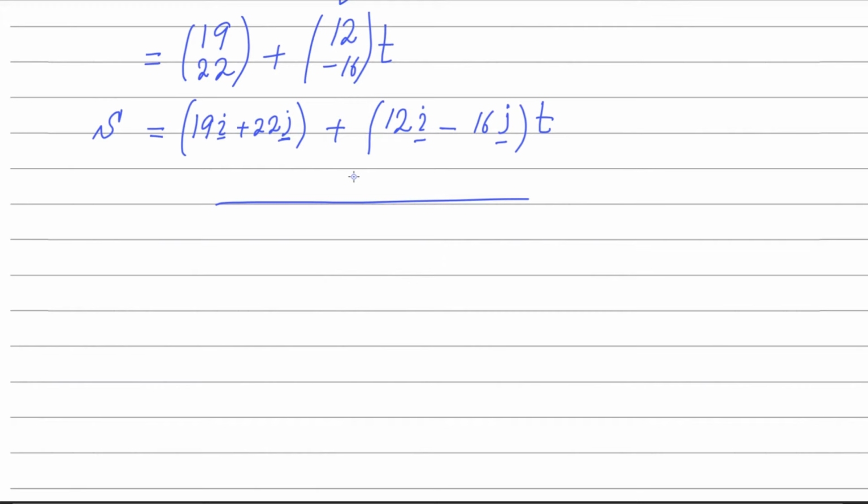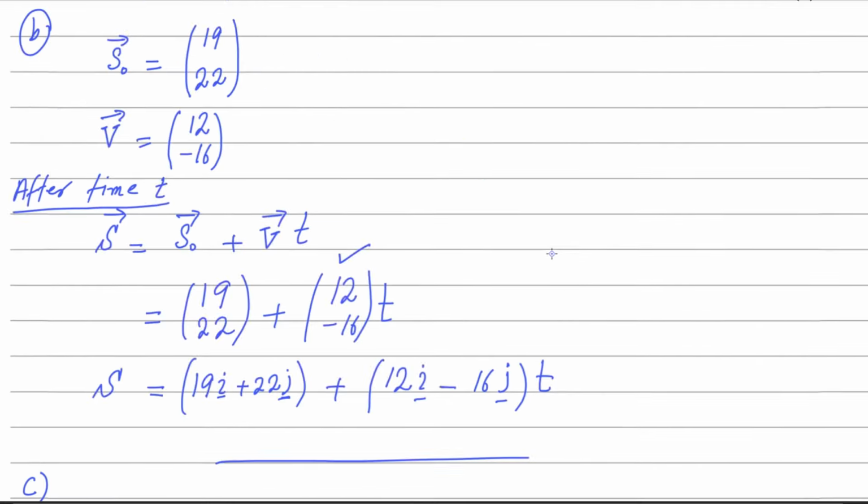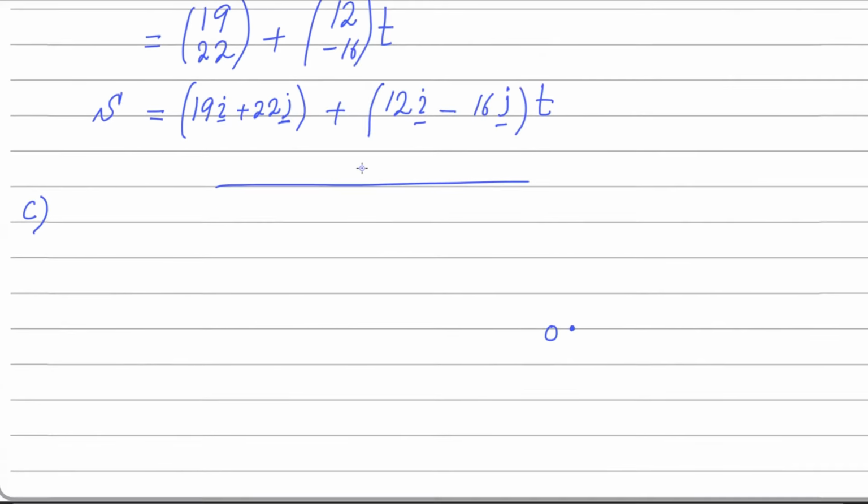No need to draw it accurately. I'm only drawing the diagram to help you understand and make the concept of this question clearer. Now let me draw the position vector for the lighthouse L. Let's say this is the origin O, and the position vector for L is 26i plus 15j. 26i means 26 units right, and 15j means 15 units up.